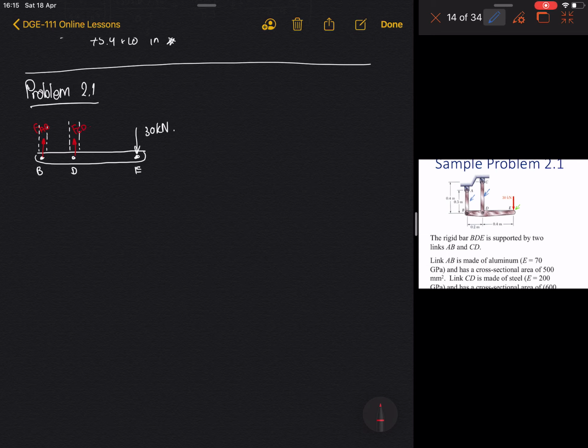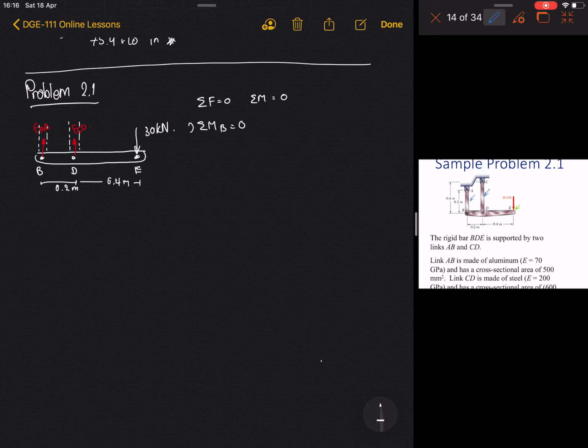Okay, then what we can easily do is use sigma F equal to 0 and sigma M equal to 0, so that we can find these forces, because this is in equilibrium. So let's start with sigma M_B equal to 0.